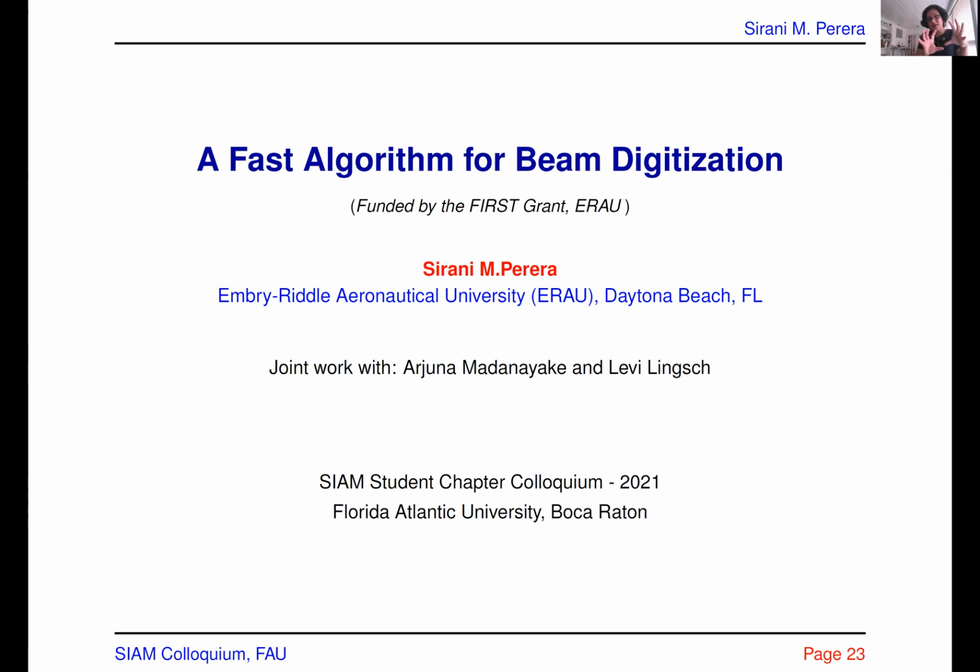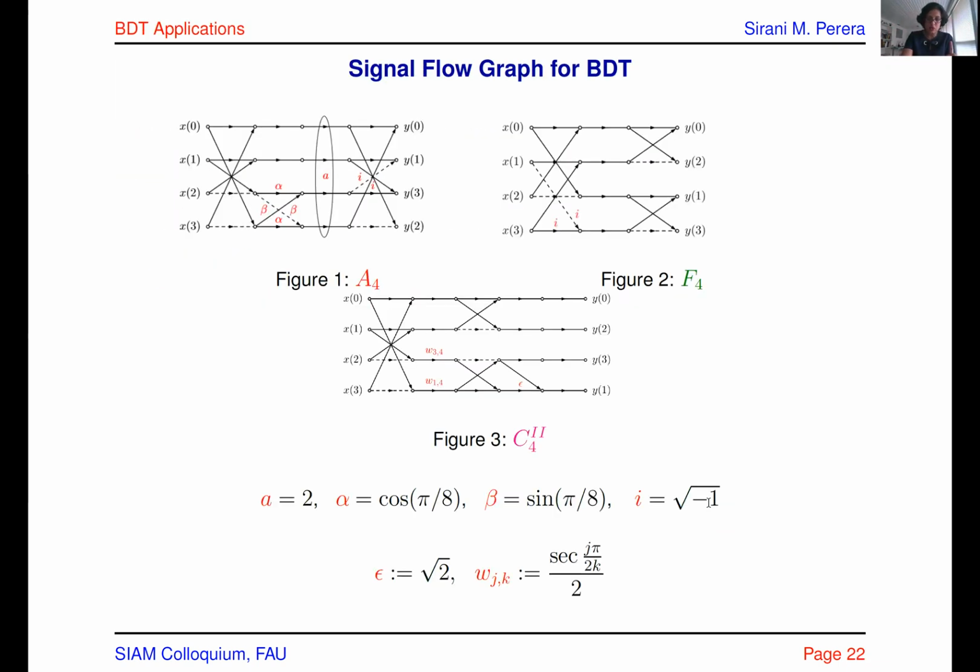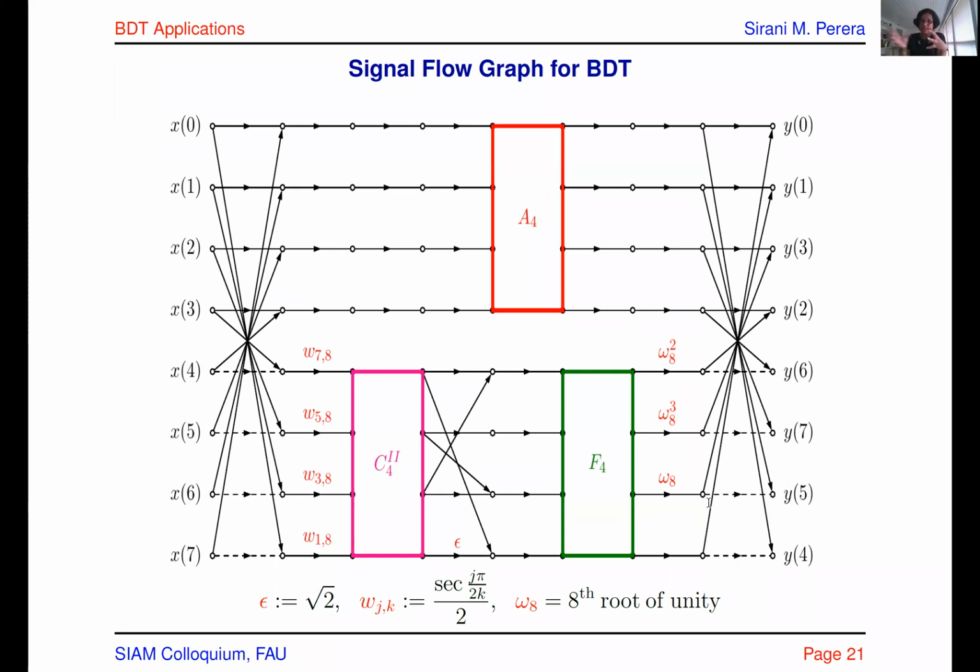We have to check whether, once it passes through all these blocks, it's nicely synchronized and matched exactly with this matrix vector product. We usually use MATLAB for that, but Levi started to work on the C to check this signal flow graph as well. That's amazing. Okay, thank you.